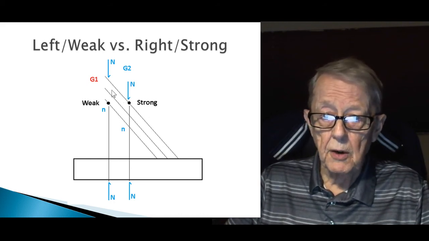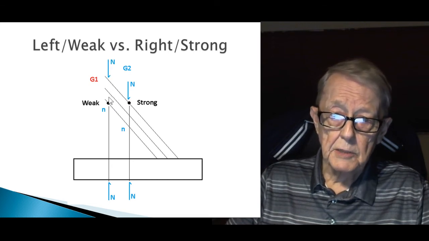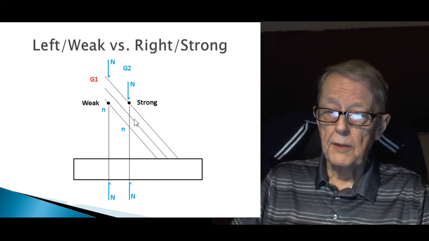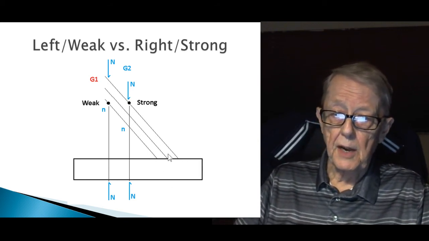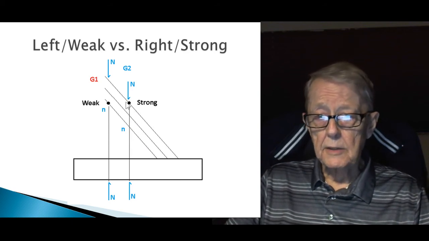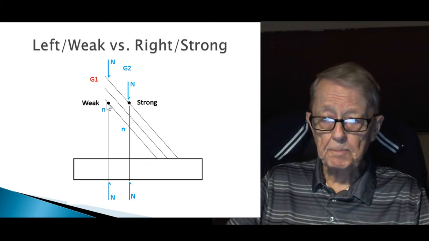This becomes stronger. On the other hand, this has more loss here, and it becomes even weaker than when I analyzed it down here. So again, strong force on the right, on this side, weak force on this side.